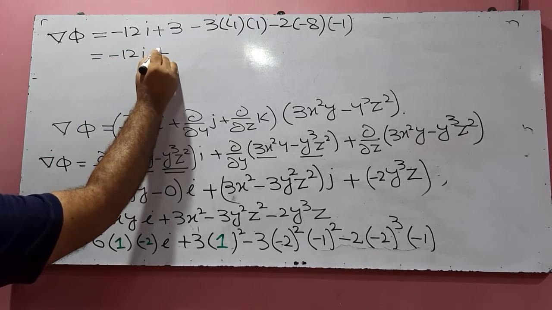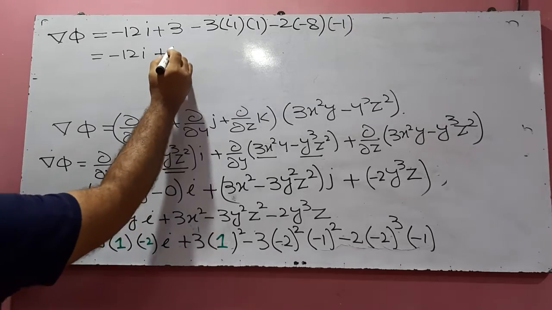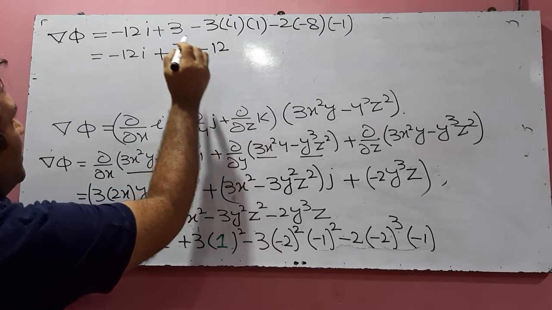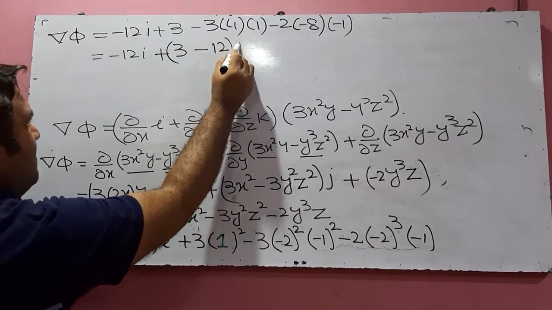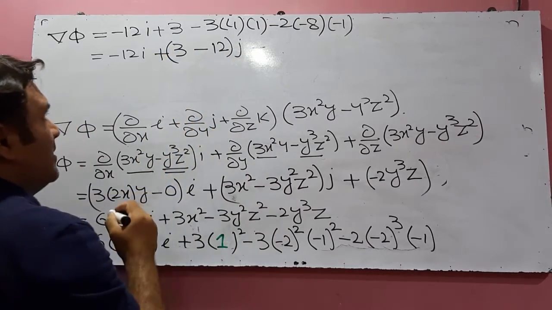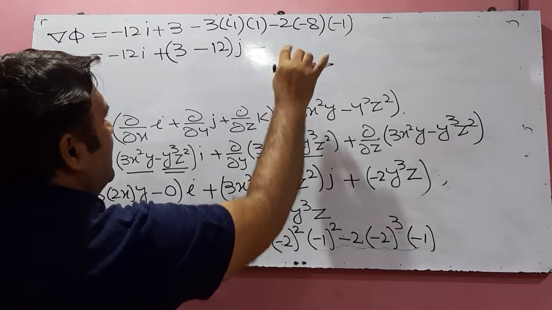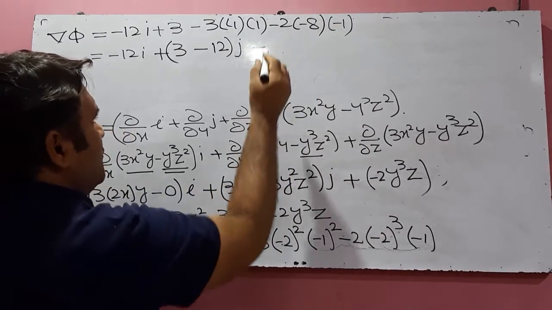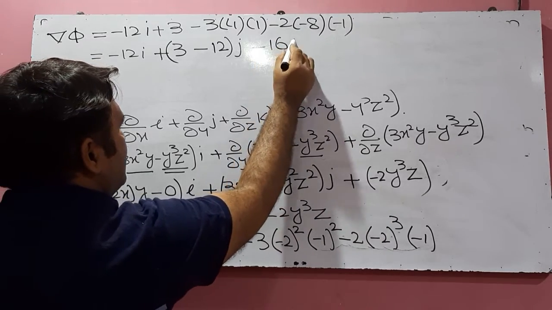Minus 12i plus 3 minus 12, it's the j, and minus to minus plus, plus to minus minus, 2 8 the 16, it's the k.